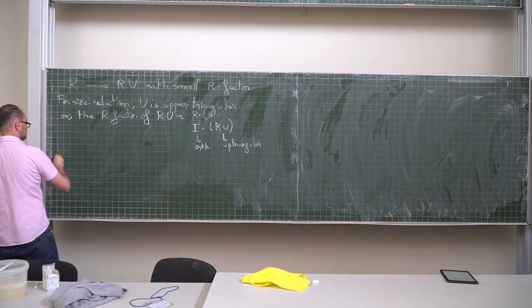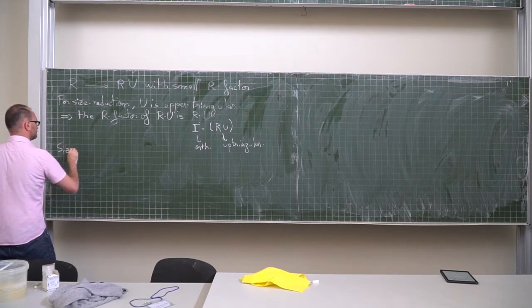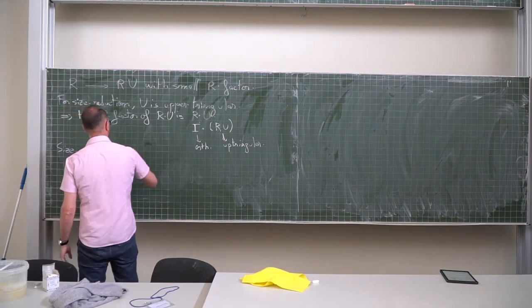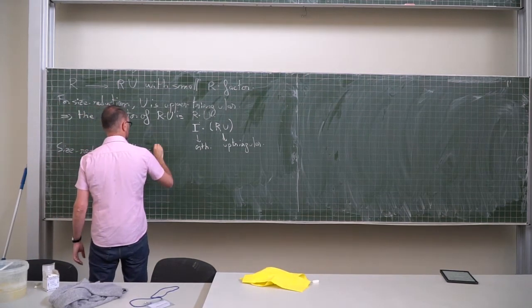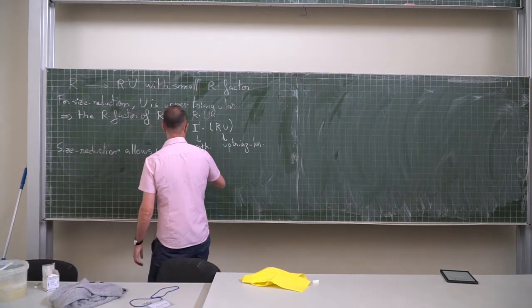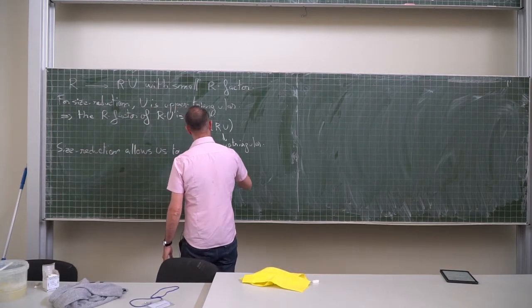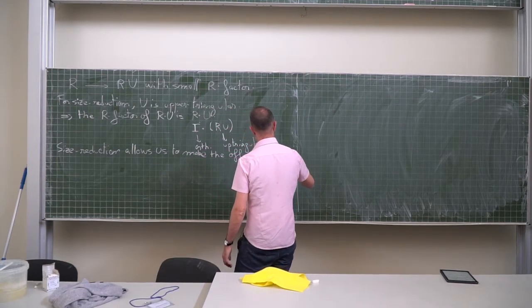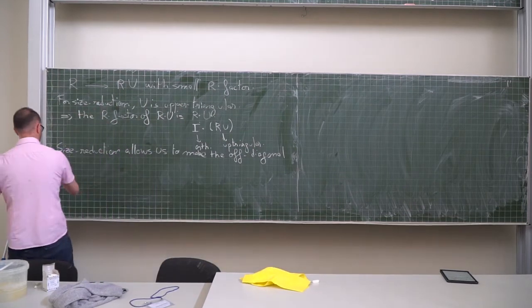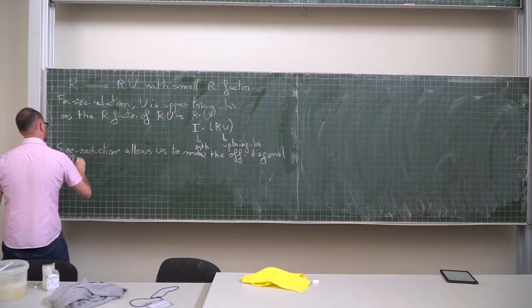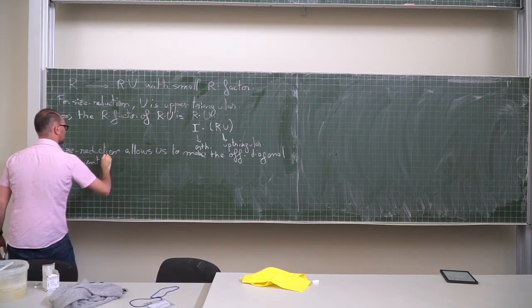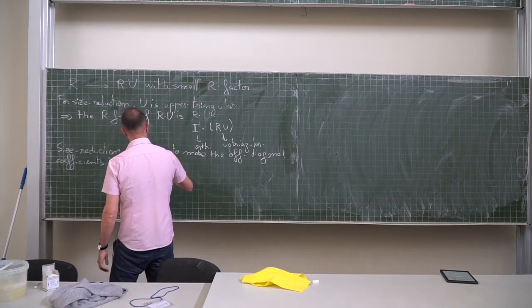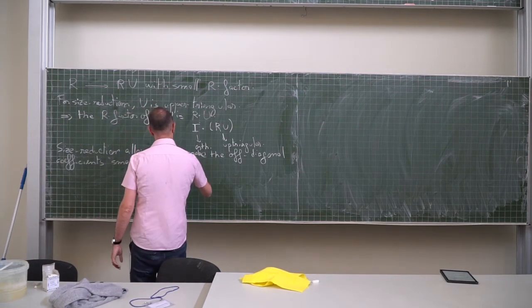Okay, so size reduction allows us to make the off-diagonal coefficients small compared to the diagonal coefficients.